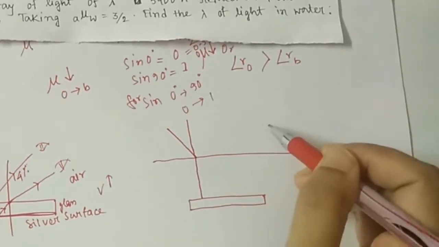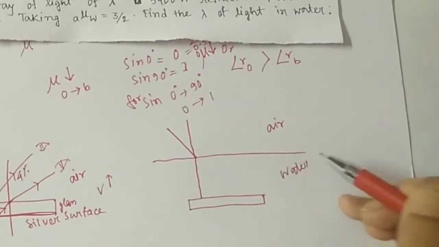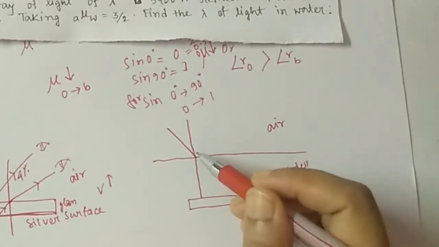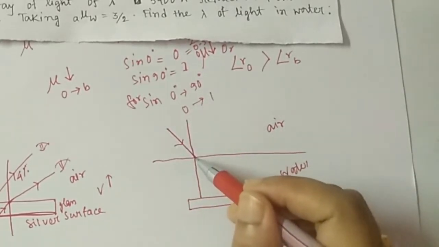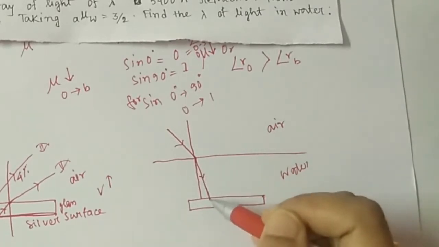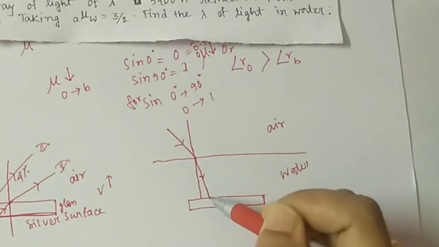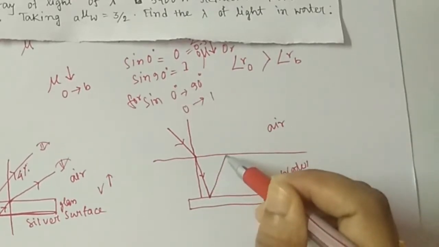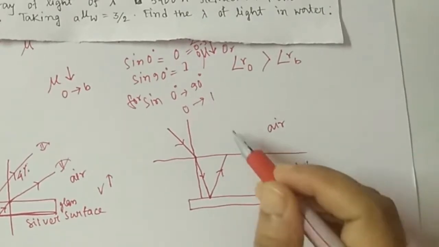As this is the air medium and this is the water medium, the light ray will change its direction and bend towards the normal. When it strikes the mirror for the first time, it will be reflected back to the surface of air and water.